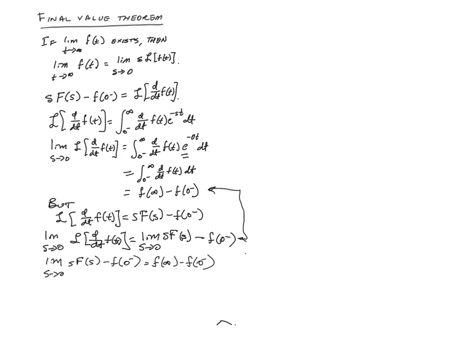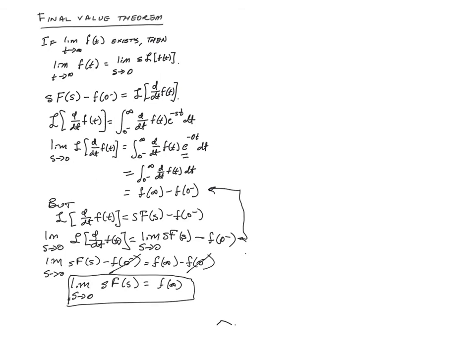And so we just cancel out the two f at 0 minus terms, and we have that the limit as s goes to 0 of s times F of s is f of infinity, and that is what we set out to prove. So we're done with this one.